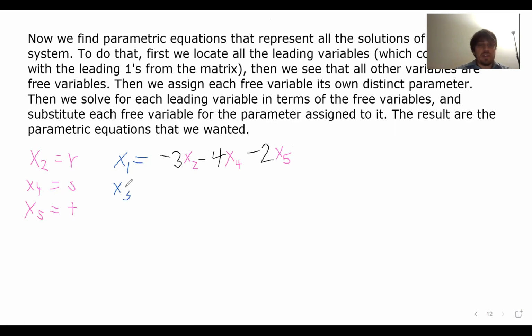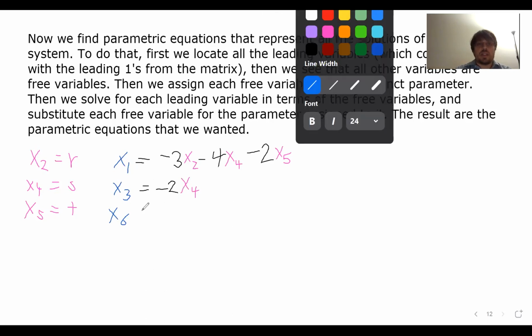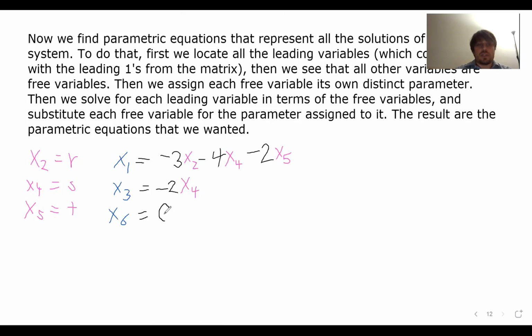x3, which is another leading variable, is equal to negative 2x4. And then x6, which is the other leading variable, is equal to 0.